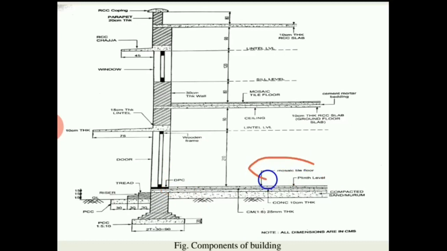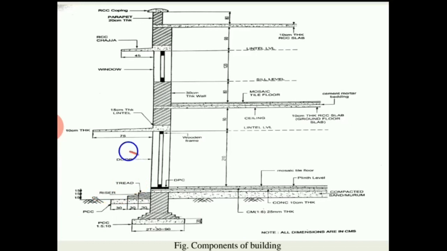Now, this is the tile floor and this is tread and riser, and it is part of the stair. The vertical portion of a step is called riser and the horizontal component of a step is tread, and this is provided for the entry of the building.